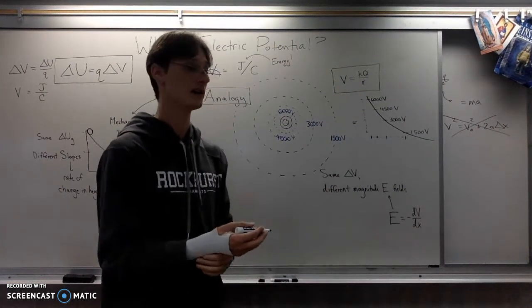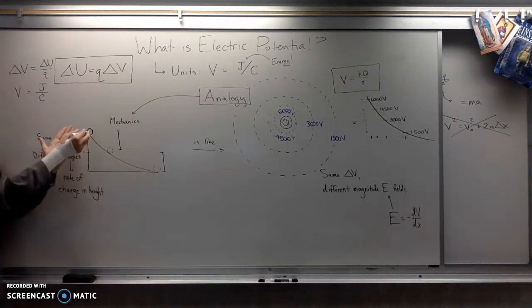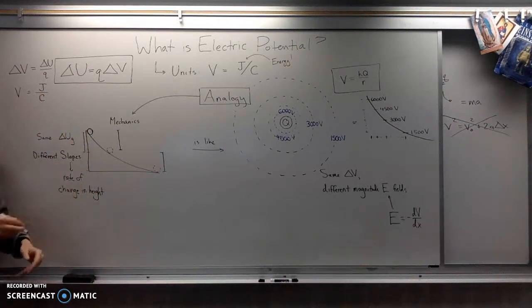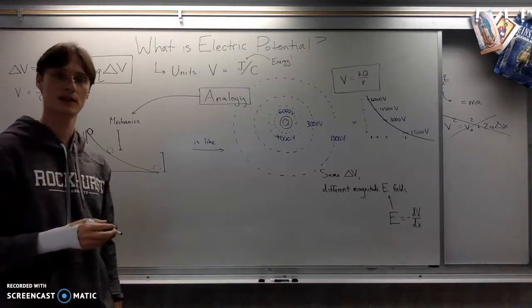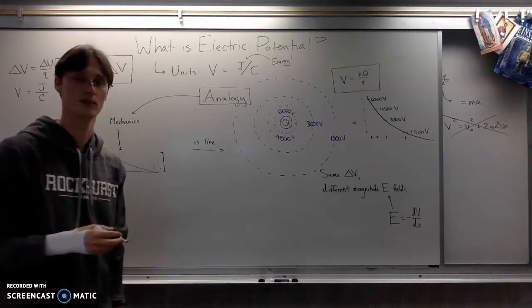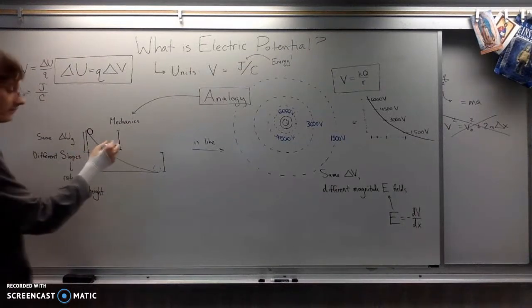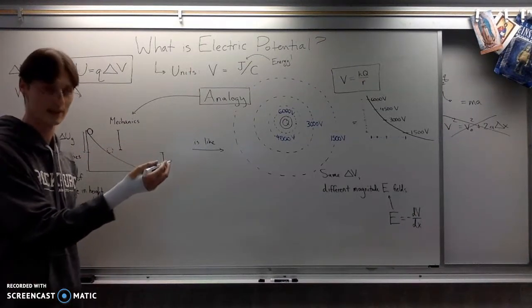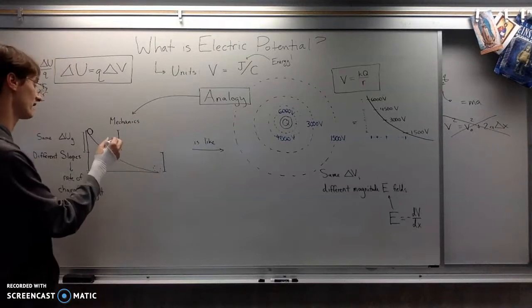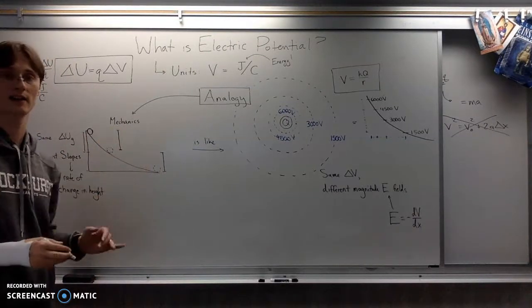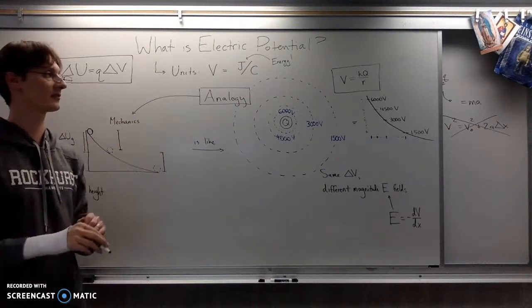So if we go back over to here, something rolling down some amount of height would correspond to a particular amount of gravitational potential energy. That's true, meaning that the change in gravitational potential energy is the same between any 2 points on this track that are the same height away from each other.